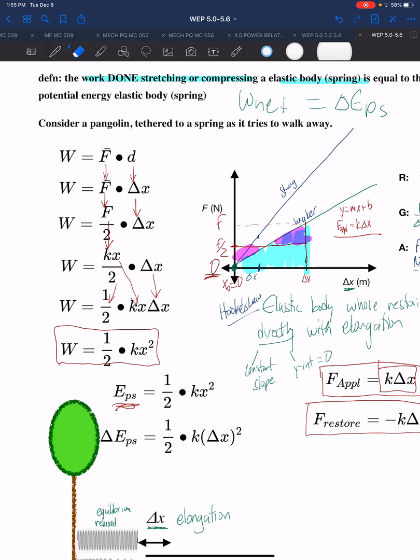In other words, if we do work from here to here, that first segment of delta x, and then we do work from here to here, the change in potential energy between these locations is due to the change in x.